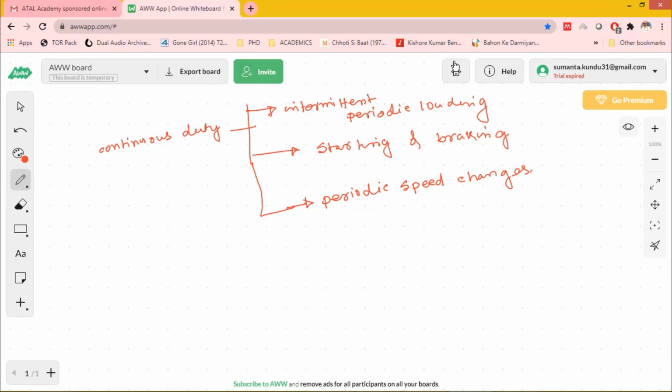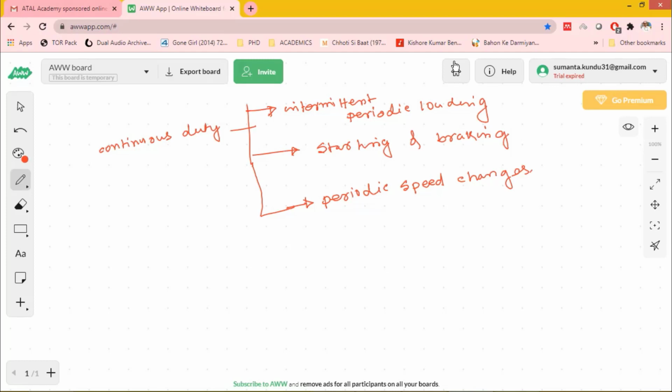Now intermittent periodic loading is similar to the intermittent periodic duty with starting. The only difference is that in intermittent periodic duty there is a rest period, but here there is no rest period.